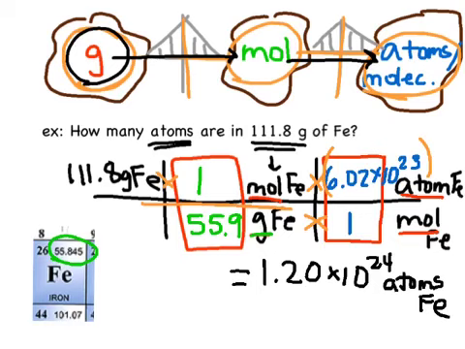So if you measured out 111.8 grams of little iron dust, like we've worked with before, you'll be looking at 1.2 times 10 to the 24th atoms. I know that's mind-blowing. I just blew your mind right there, but that's how we do that.